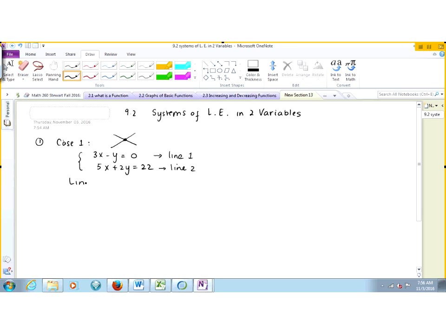So, when the lines intersect, how many solutions do we have? If your case 1 is when the lines intersect, you have one solution, where the lines meet. And we say that the system is consistent.